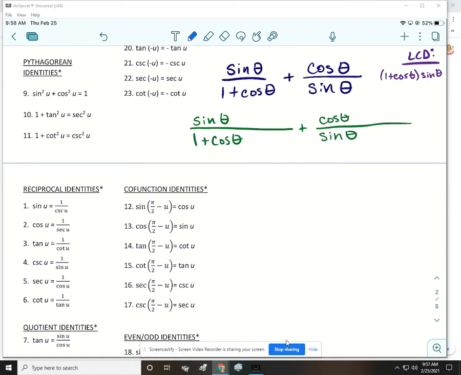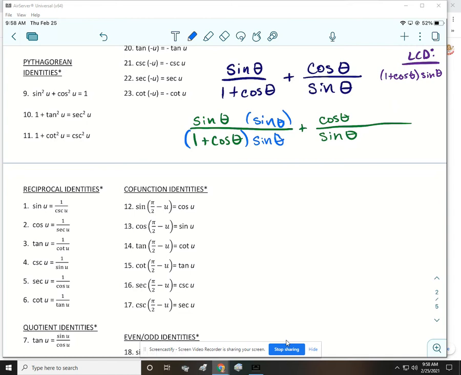And whenever I do the multiplication, to keep it legal mathematically, I have to do it on the numerator and in the denominator. So for the first fraction to have the least common denominator, I need the sine of theta multiplied by it. So what I'll do is go ahead and multiply the numerator and denominator by the sine of theta.